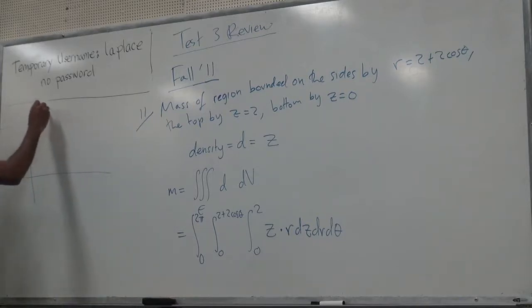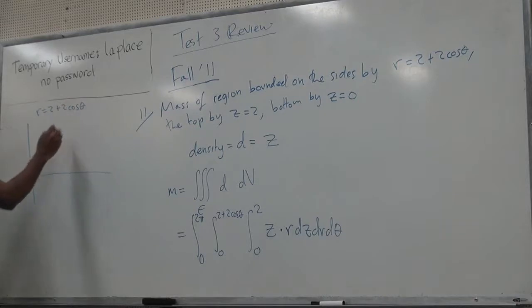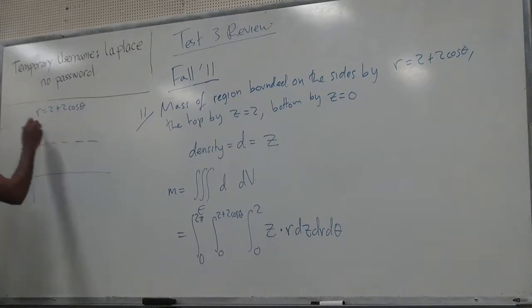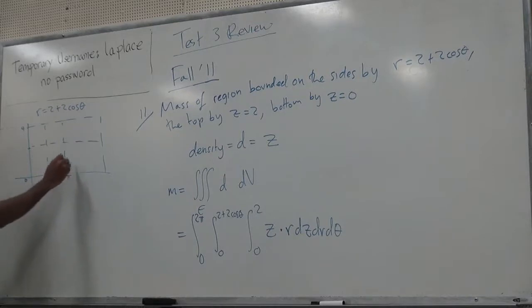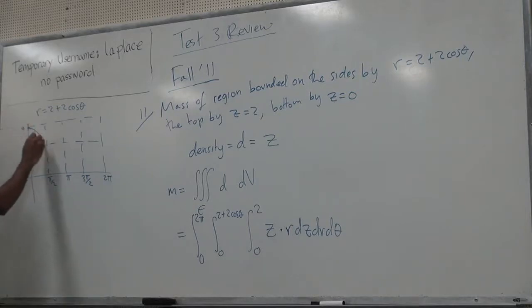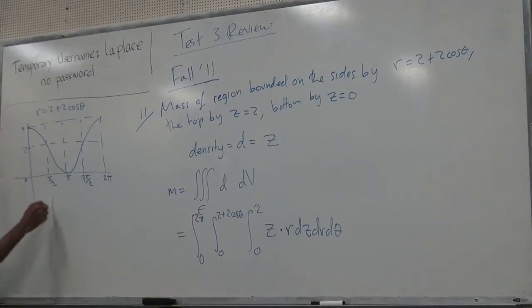If you graph r equals 2 plus 2 cosine theta, at theta 0 it's 4, at pi over 2 it's 2, at pi it's 0, at 3 pi over 2 it's 2, and at 2 pi it's 4 again.